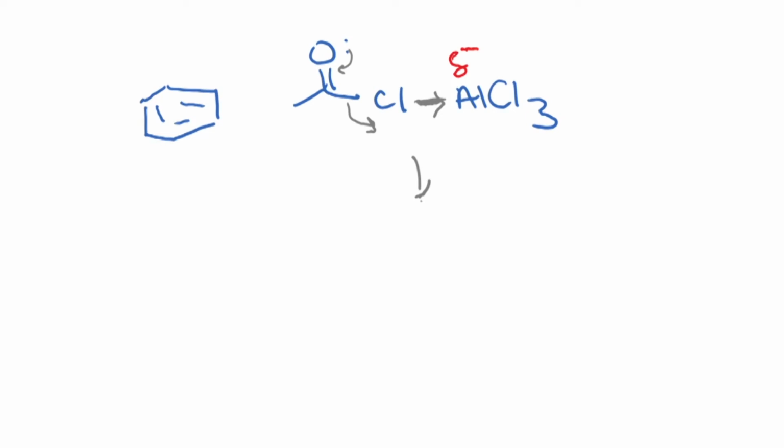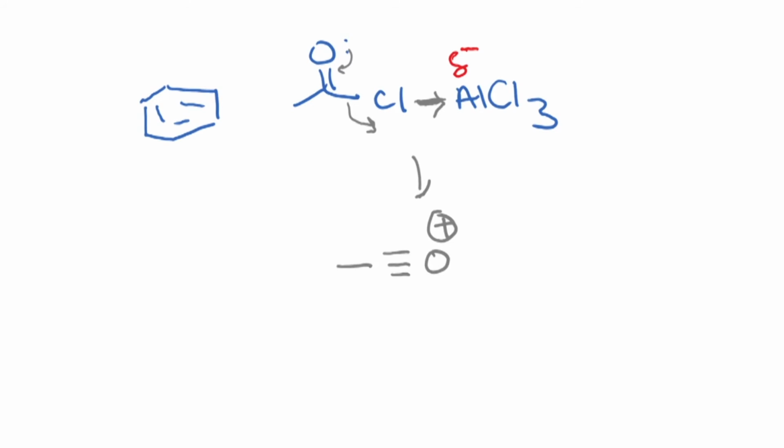So in this process you've already seen that this can actually produce C triple bond O plus, which is an oxocarbenium ion, and this is going to greatly increase the reaction rate.